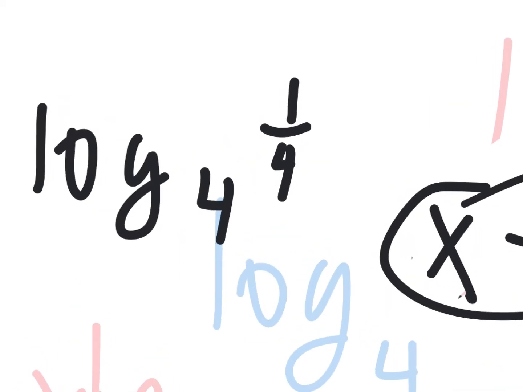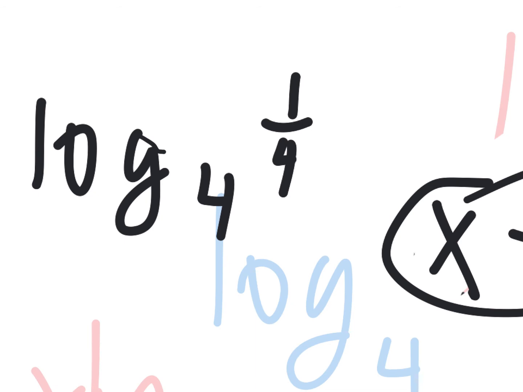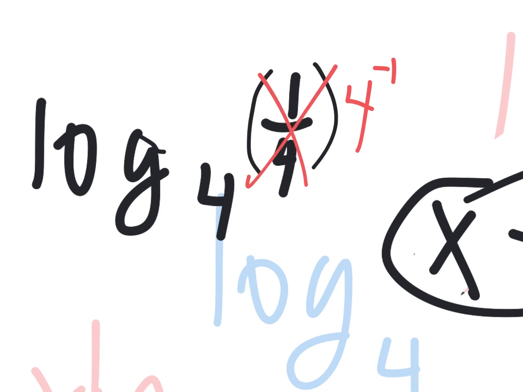I want you to process that for a second. If it's log base 4 of 1/4, do you get that would come out to -1? Because the 1/4 would be like 4 to the -1.